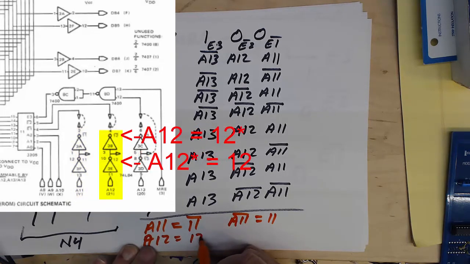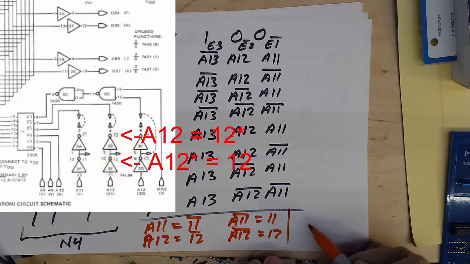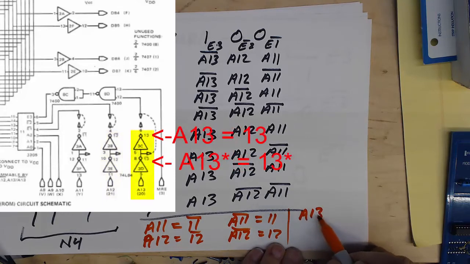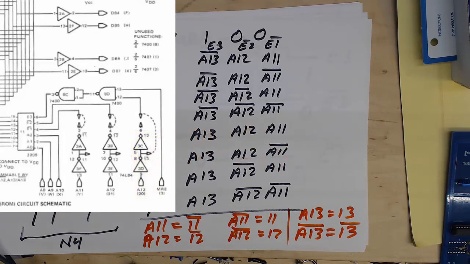A12 is equal to 12 bar, and so A12 bar is equal to 12. A13 is equal to 13, and so A13 bar is equal to 13 bar. So these are a little bit backwards from what we would originally expect.